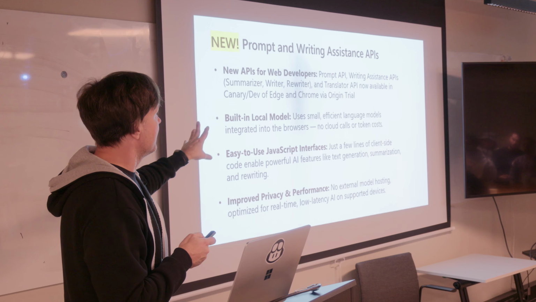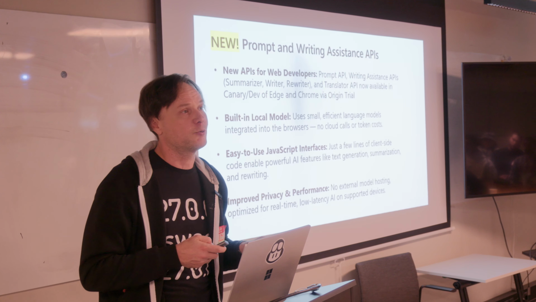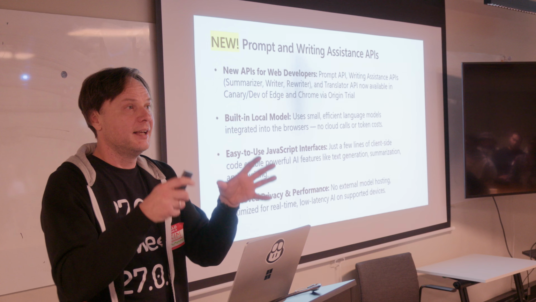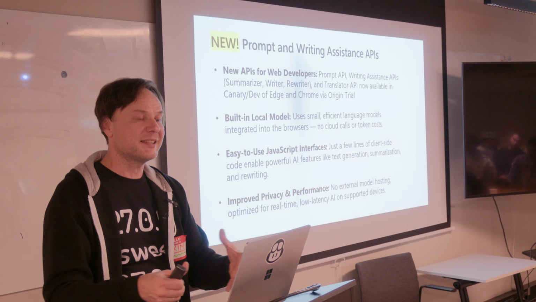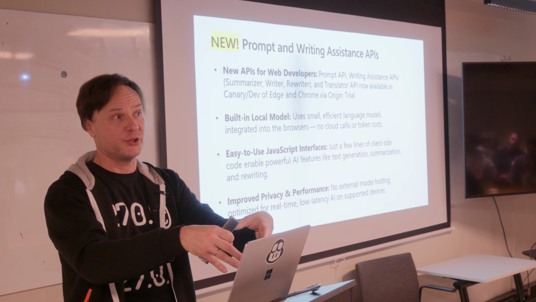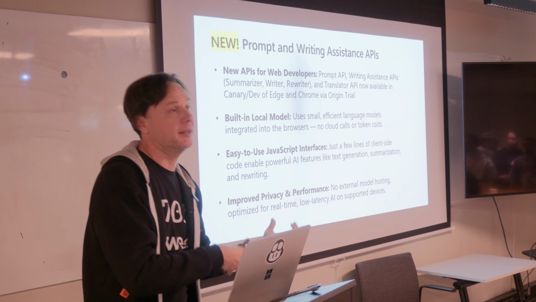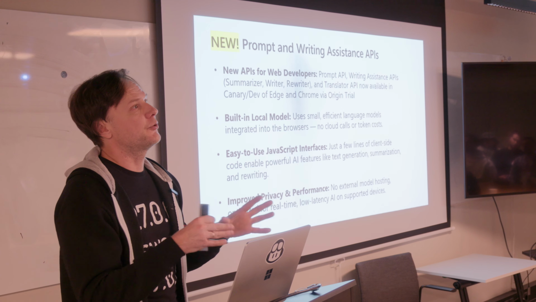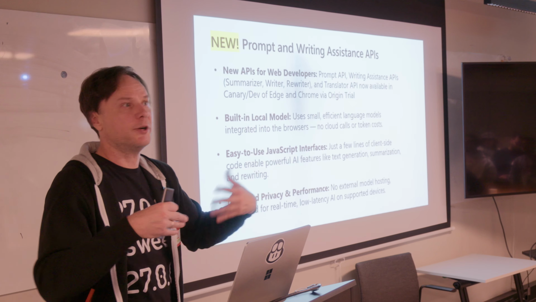Google and Microsoft together support what we call the Prompt API and Writing Assistant APIs. This is web AI, or generative AI possibilities injected straight into the browser. So the browser itself exposes these JavaScript APIs, and in that case you don't need to think about the model at all, because it's part of the browser.